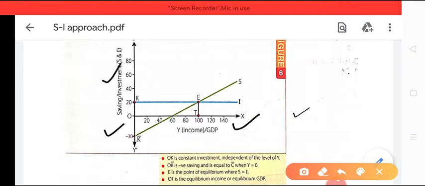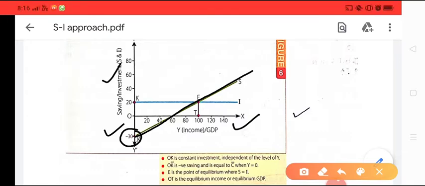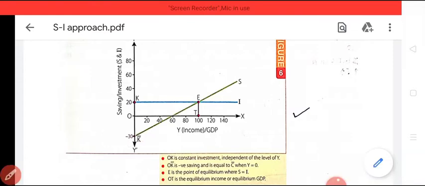At zero level of income, we have some level of consumption, and this is because of our negative savings. We have some savings, so we use these savings at zero level of income. And moreover, saving is directly proportional to income. As the income increases, saving also increases, and therefore this S curve moves upwards, but it could be negative. It is negative at zero level of income.